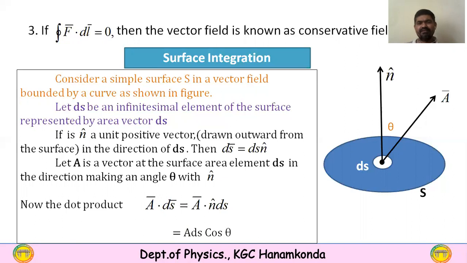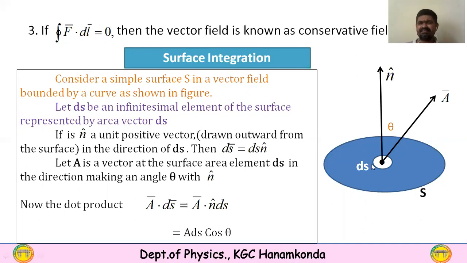Now let us go for surface integration. Surface integration is linked with the amount of flux. The vector field coming out of a surface area along the normal direction is called flux. For that, consider a simple surface S, where I take a small infinitesimal area element whose area is ds bar.